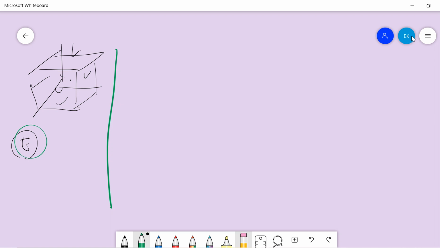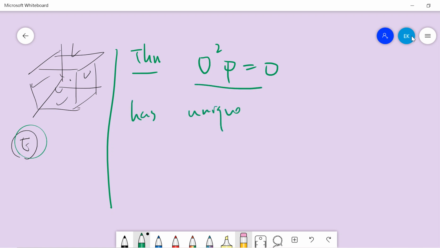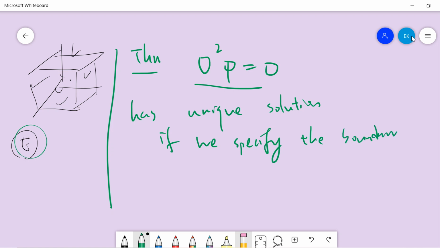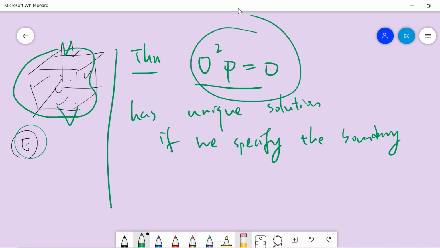Because there's a theorem that the Laplace equation basically has a unique solution if we specify the boundary. Now all of the boundary is V. That means if I can guess any function which satisfies this equation and the boundary conditions, then it must be the unique answer.